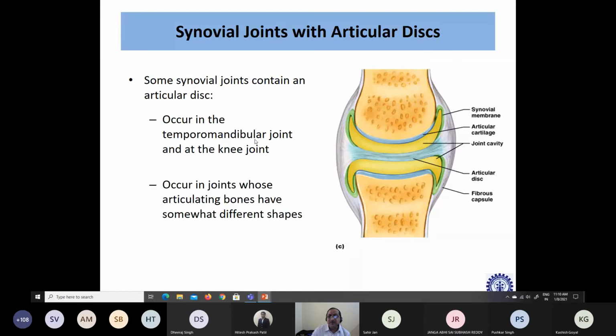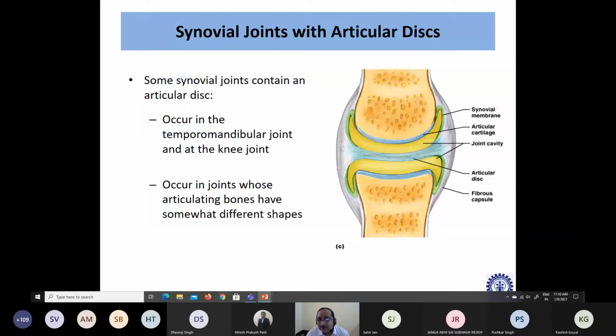So the temporomandibular joint is the joint which is formed by the mandible, the jaw. So the temporomandibular joint contains an articular disc, and also the knee joint contains an articular disc.